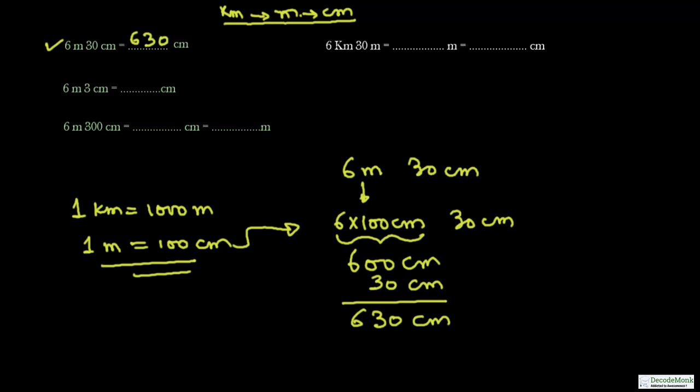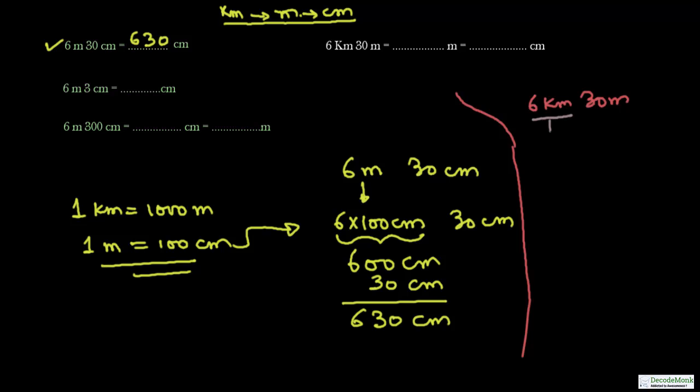A very similar question, 6 kilometer 30 meter will be equal to how much meter? Now see and feel the contrast over here, so that you never make mistakes on such questions. So 6 kilometer 30 meter.